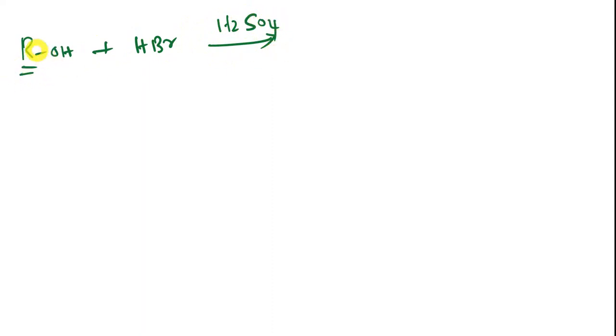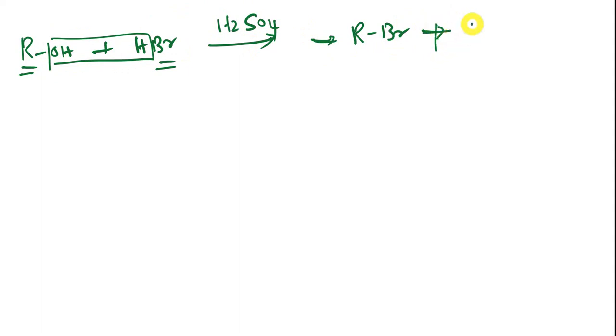What is our ultimate aim? The ultimate aim is to make an alkyl halide. So write the alkyl halide here, that is RBr, right? And as usual, what is the role of H2SO4? It is a dehydrating agent, so it removes water.